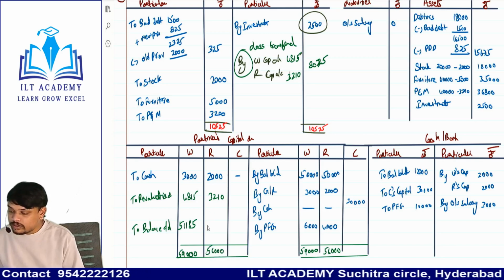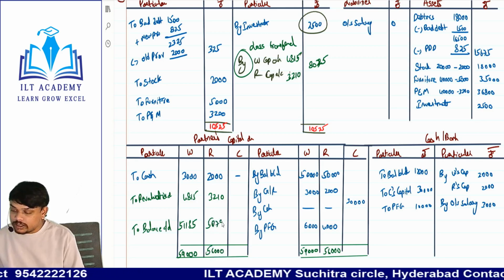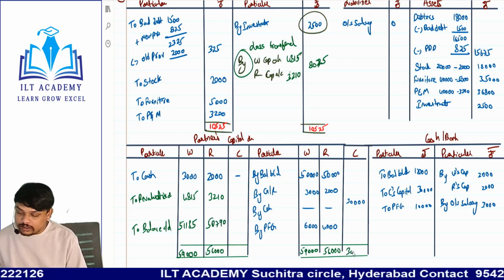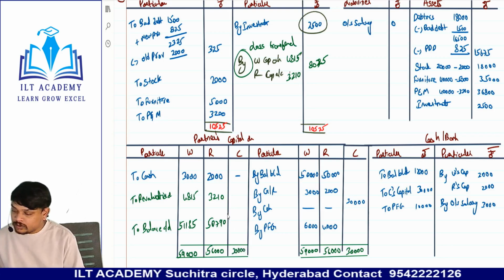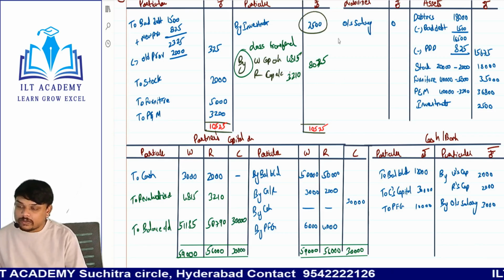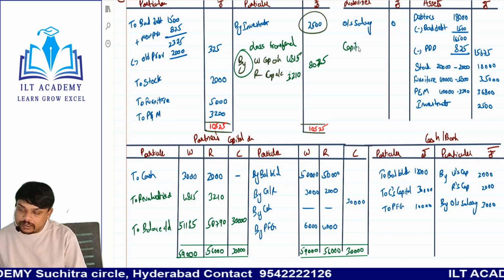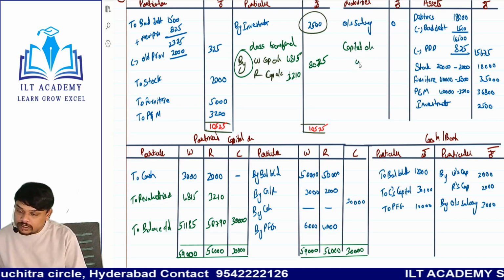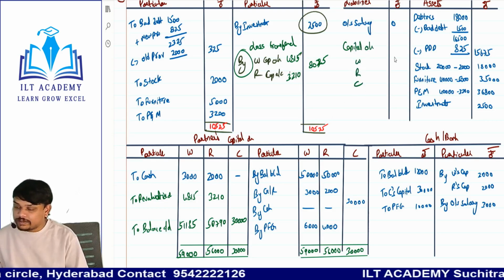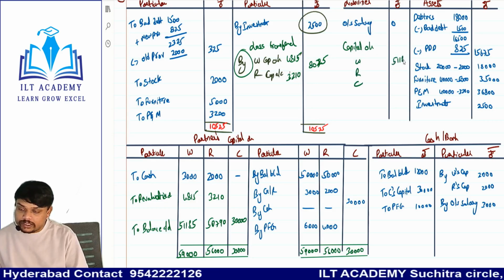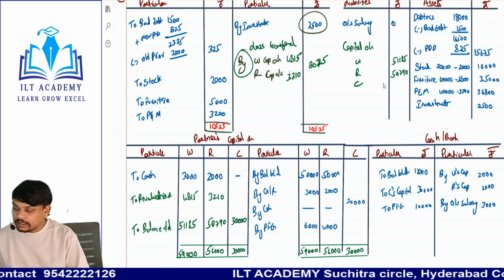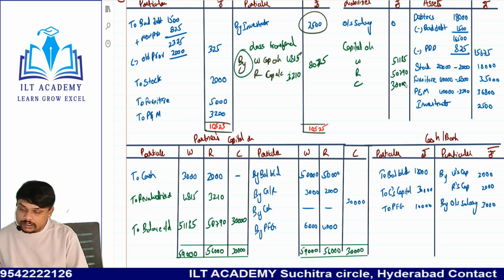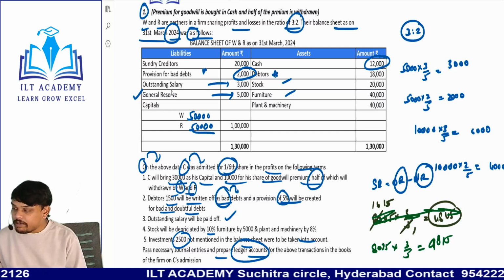If you remove it, this is 30,000. 30,000 capital balance. And this balance carried on will come over here. Capital balance, capital accounts. W, R and C. We have recorded capital balances.